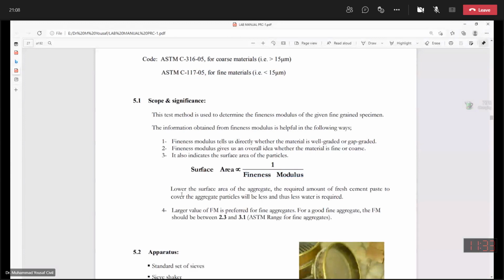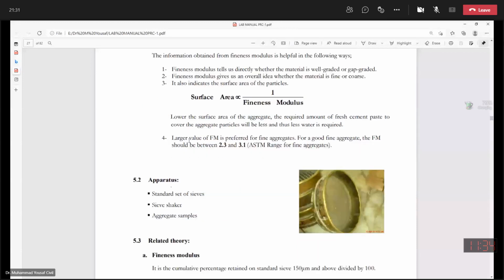Now, the lower the surface area, the required amount of fresh cement paste to cover the aggregate particles will be less, and thus less water is required. So if the material is fine, it will require more water. If the material is coarse, it will need less water for its lubrication.